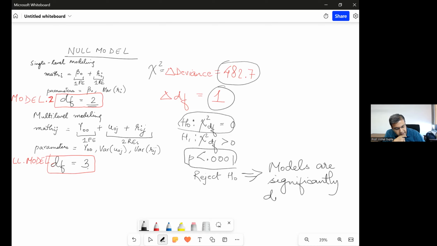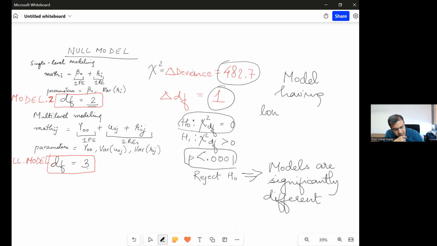And which is a better model? The model having lower deviance, AIC, BIC is a better model.